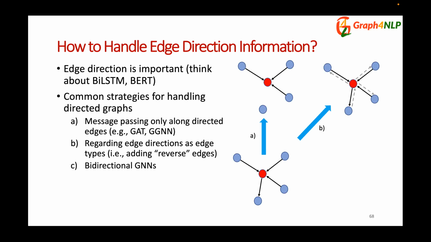Three, we can design special GNN variants for directed graphs specifically, which can encode the edge direction information very naturally. We will talk about the latter two strategies in the next few slides.